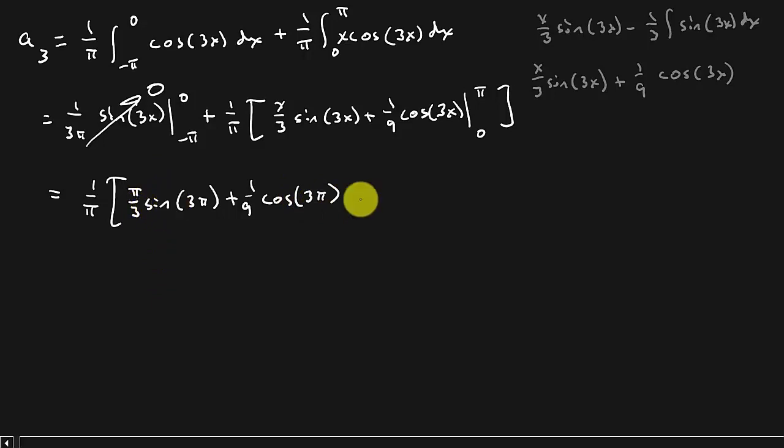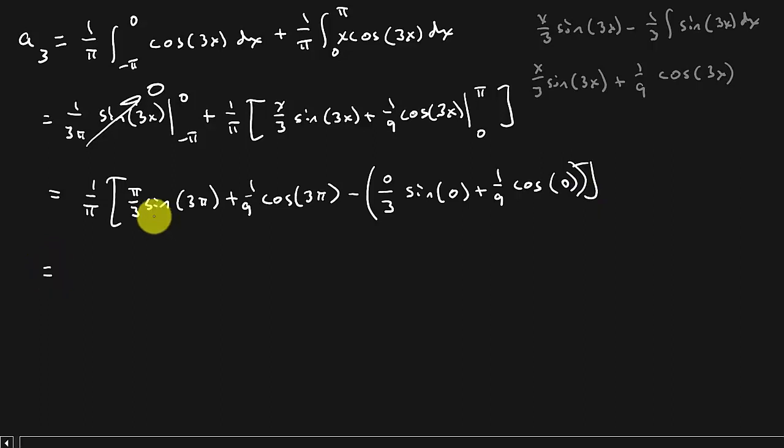All right, minus, and that's going to be 0 over 3 times sine, plug the 0 in. That's 3 times 0 is 0, plus 1/9 times cosine 0. I need one more parenthesis.